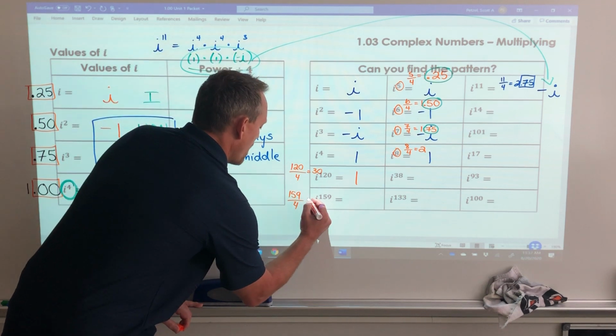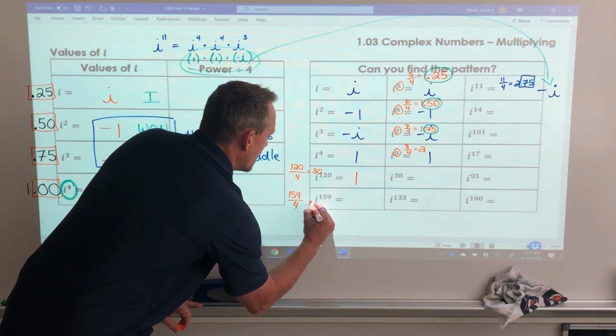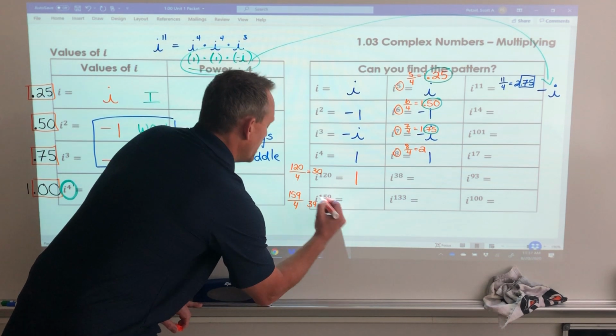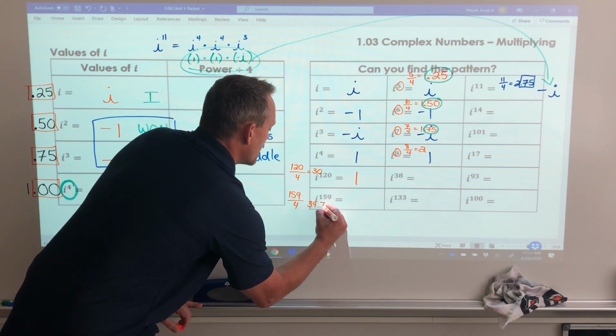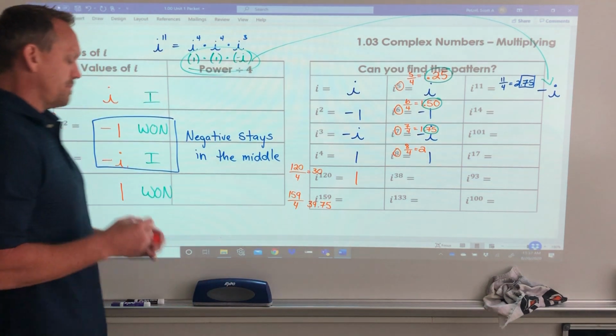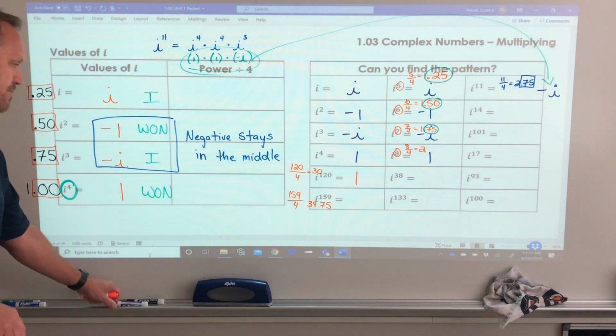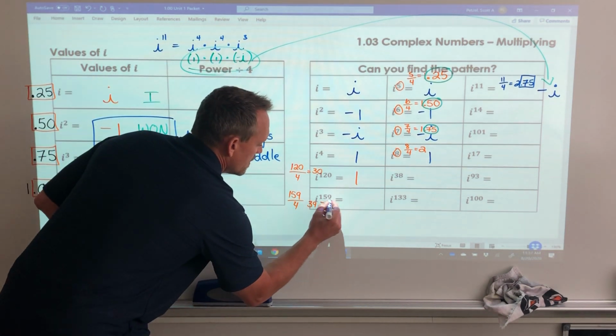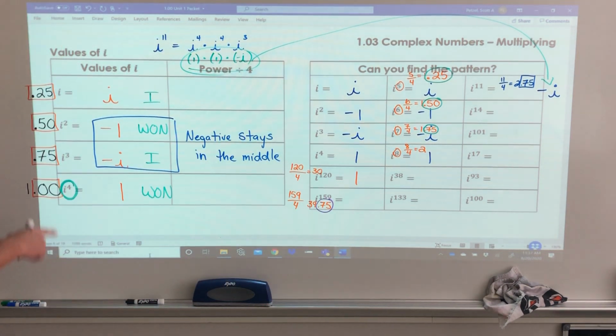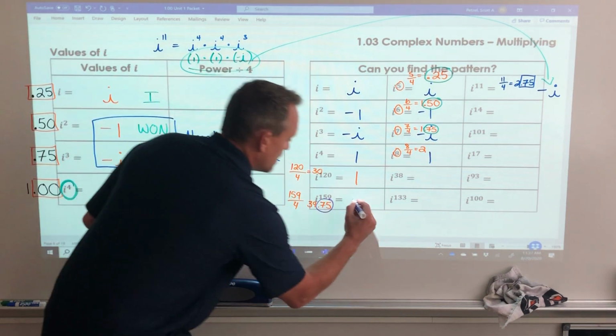It is 39. 39.75. Yeah. 0.75, i to the 3, negative i.